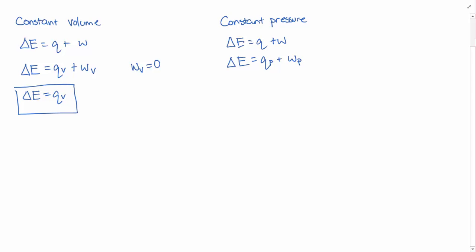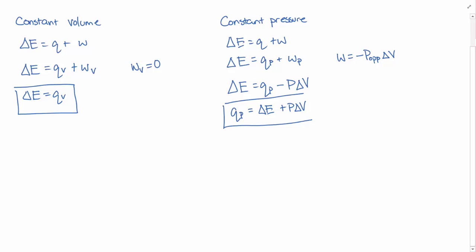Now remember that at constant pressure, work is equal to negative P opposing times delta V. So delta E is equal to QP minus P delta V. The heat flow at constant pressure is given by delta E plus P delta V.